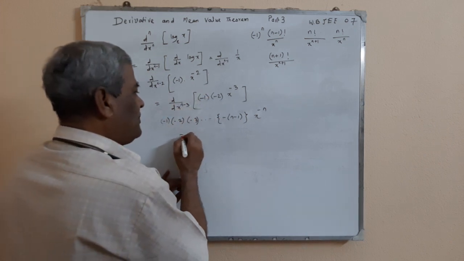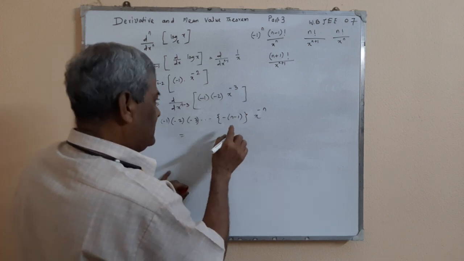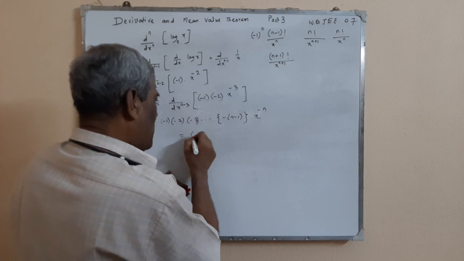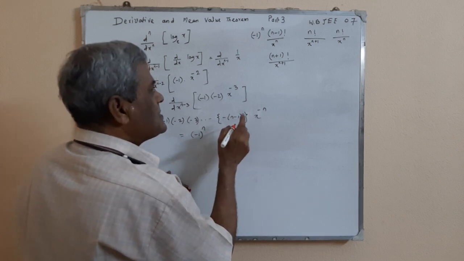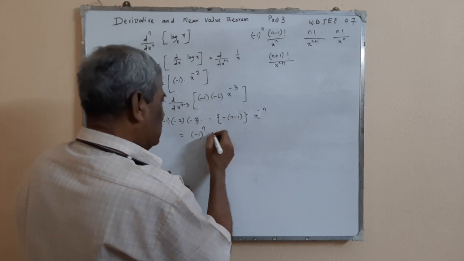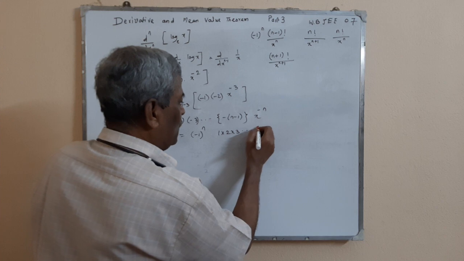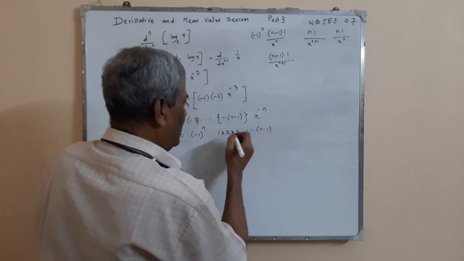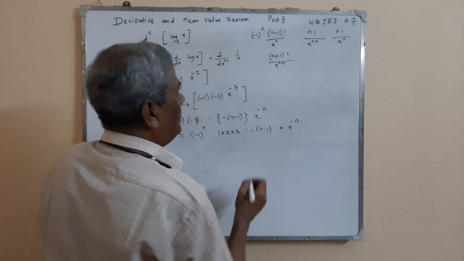It is equal to, there are n minus 1 factors. So minus 1 to the power n into 1 into 2 into 3 up to n minus 1 into x to the power minus n.